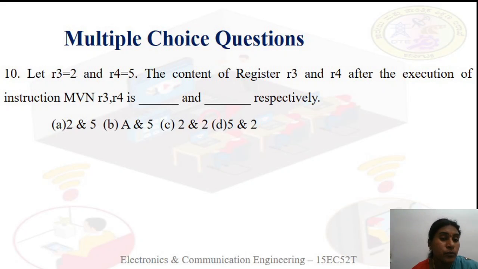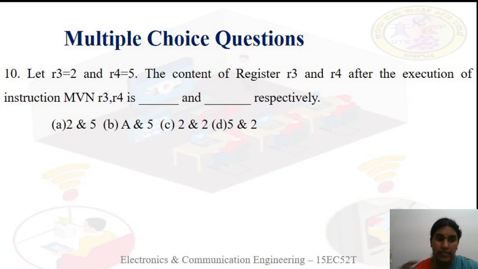You can't move that directly into the destination because it's a move negative. So 0101 becomes 1010, the ones complement of that value. 1010 means it is A. So the content of R3 is A, but the content of R4 won't change. It is always 5 only, right? So the answer is B, A and 5.